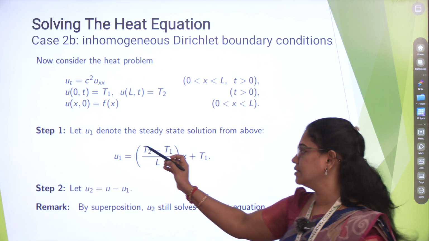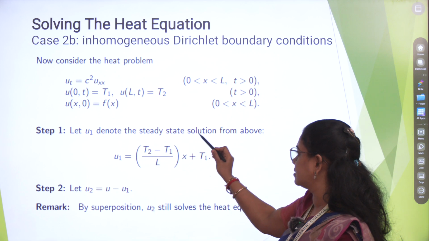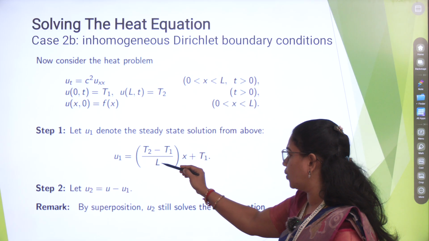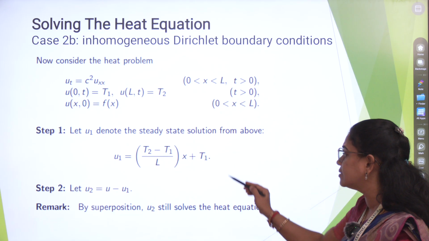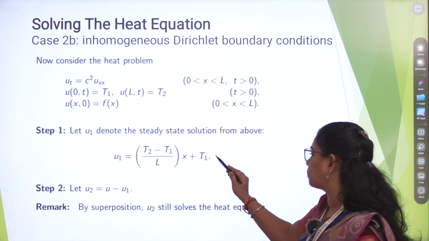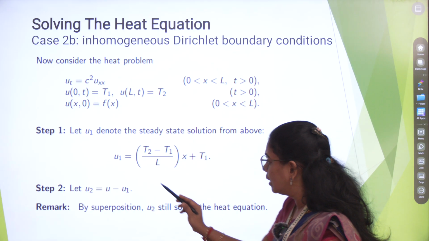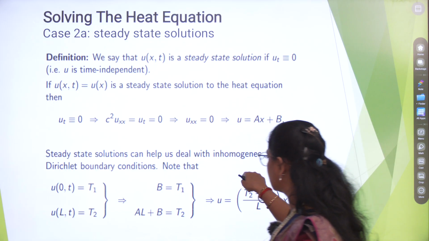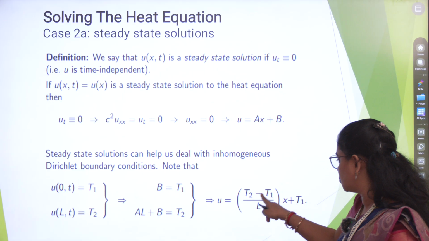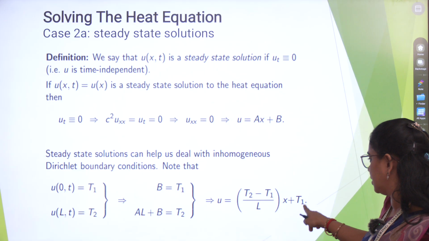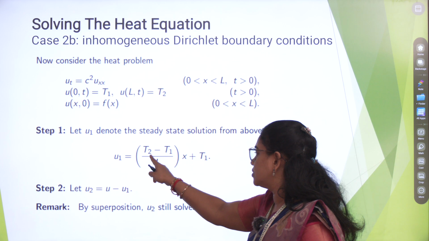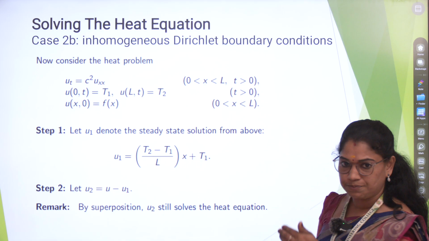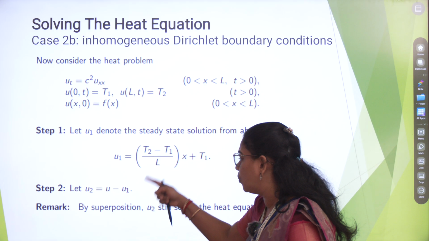Step 1. Let U1 denote the steady state solution from above. So U1 equals (T2 minus T1) divided by L, times x, plus T1. Step 2, let u2 equal u minus u1.